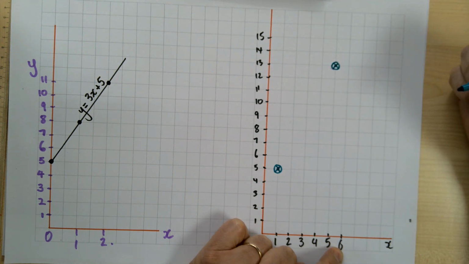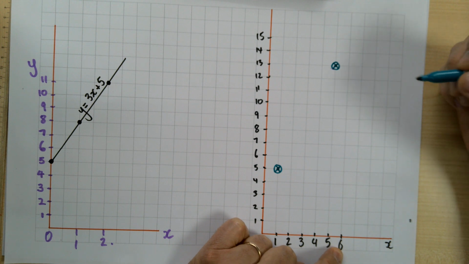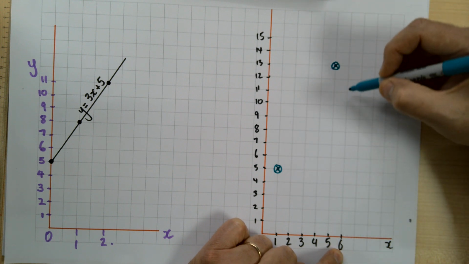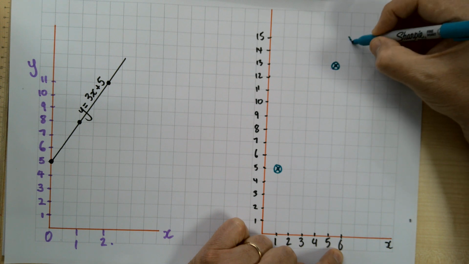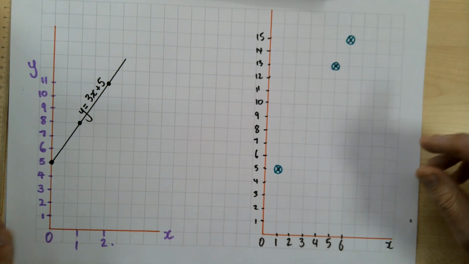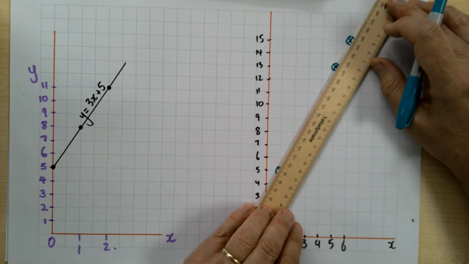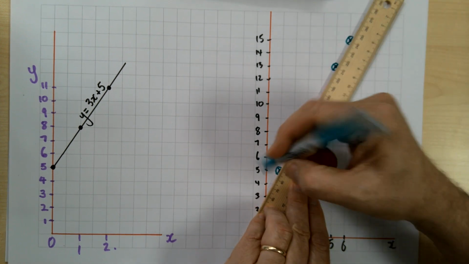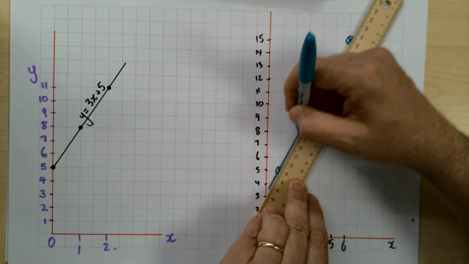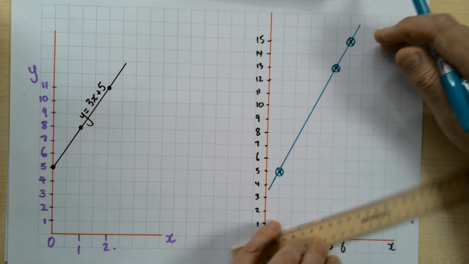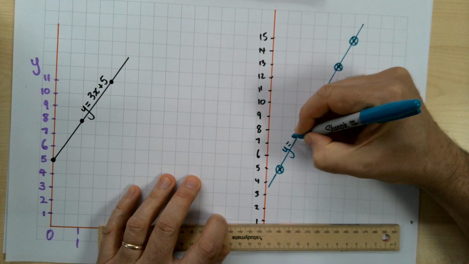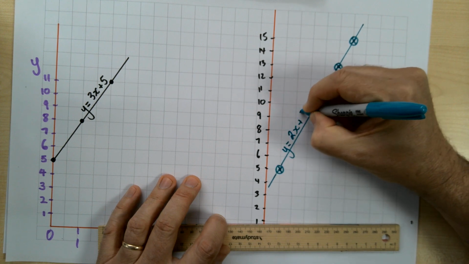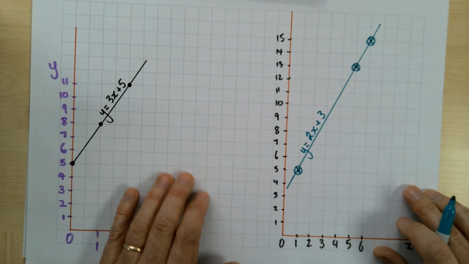And when x is 6, it's 15. So here's 15 there. Okay, I get my ruler. Look at that, it's a straight line. And same as before, to get the full marks, just write on it the name of the line. Okay?